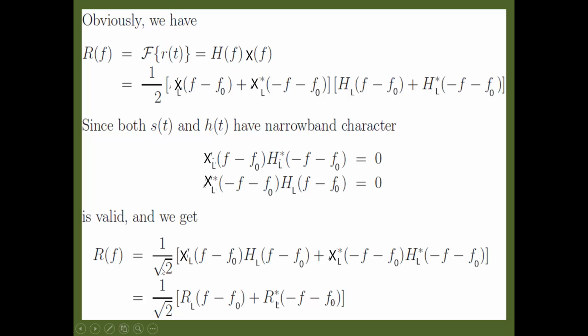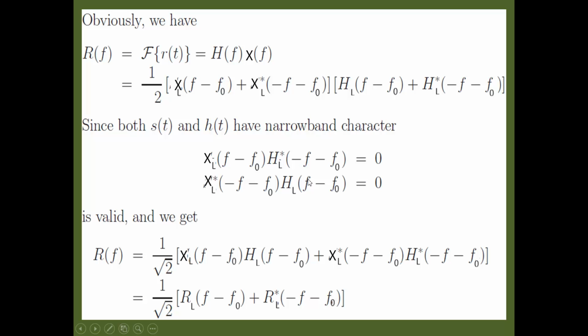And of course, it will be 1 over root 2. So R(f) will be equal to only the 2 terms after multiplication: XL(f - f0) HL(f - f0), and XL*(-f - f0) HL*(-f - f0), because the other 2 terms will be equal to 0.